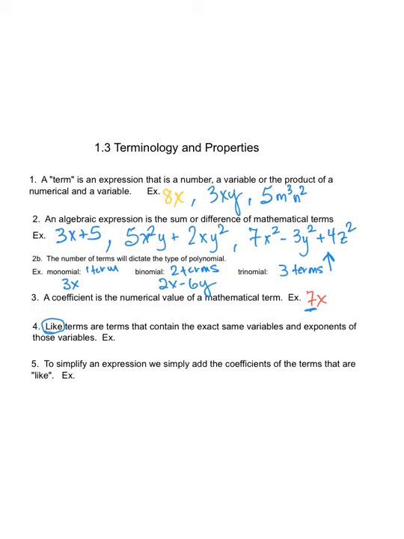For instance, 3x and 5x. These are like terms because they both contain an x. 7x squared y cubed and 3x squared y cubed. These are like terms because the variables and their exponents are exactly alike.